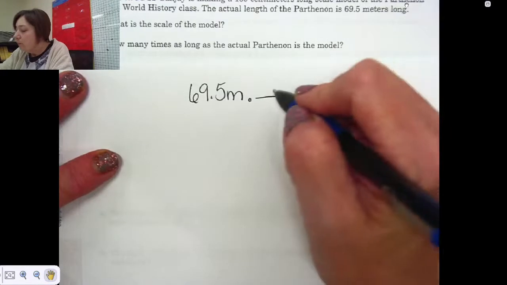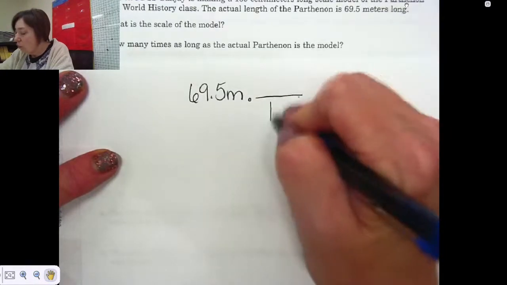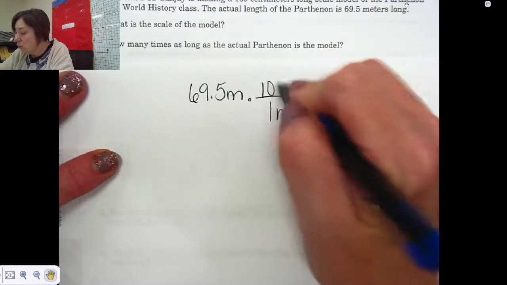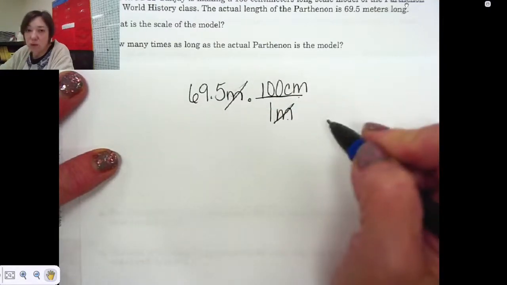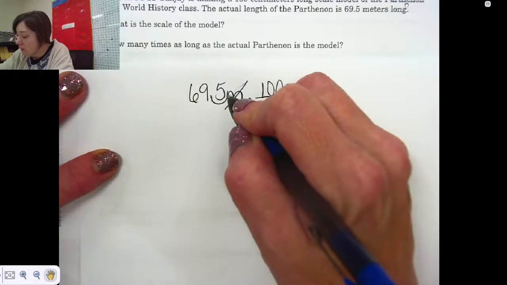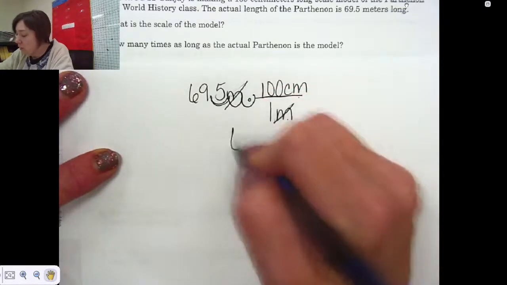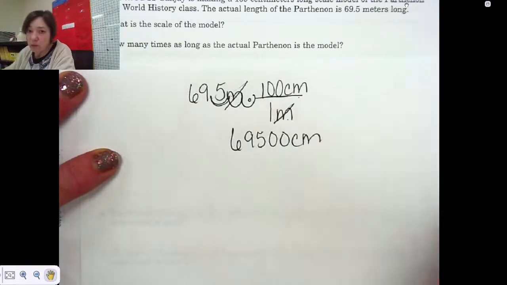You can do the thing where you just move the decimal, that's fine. But if we're using a conversion factor, we know that 1 meter, we put meters on bottom so they cancel, is equal to 100 centimeters. So basically all we're doing is multiplying by 100. Or remember the whole trick about moving the decimal places. That would be 69500 centimeters in the Parthenon.